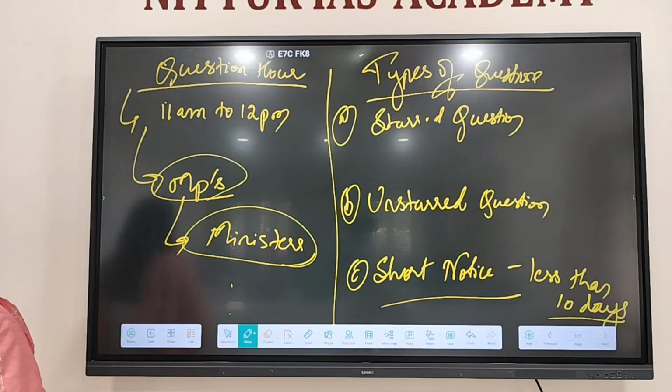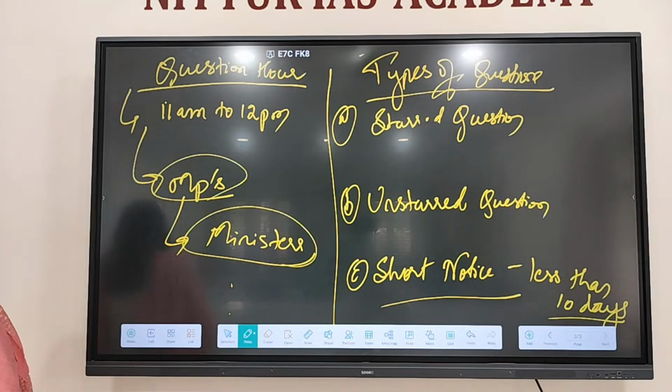One question and then the minister should reply back within 10 days. It might be orally also. Understood? In Parliament it can be asked orally. I send the question to them as a short notice in writing itself, but he can answer orally in the parliament.